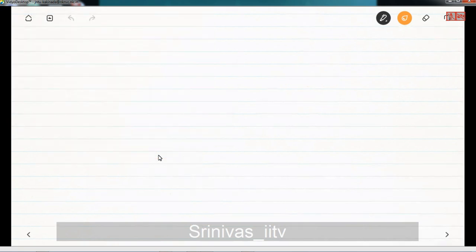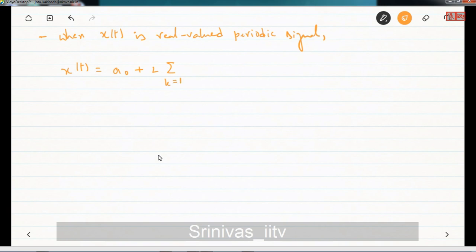And when x of t is real, in the sense of a real valued periodic signal, then x of t can be expressed as, as we also did in the last class, a naught plus 2 times the sum over k equal to 1 to infinity.